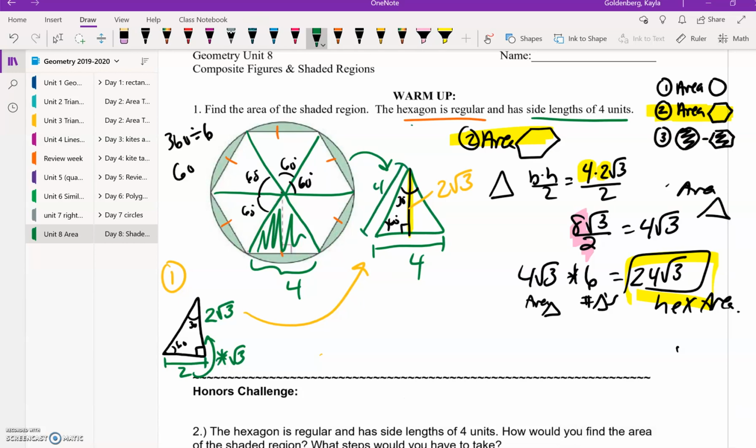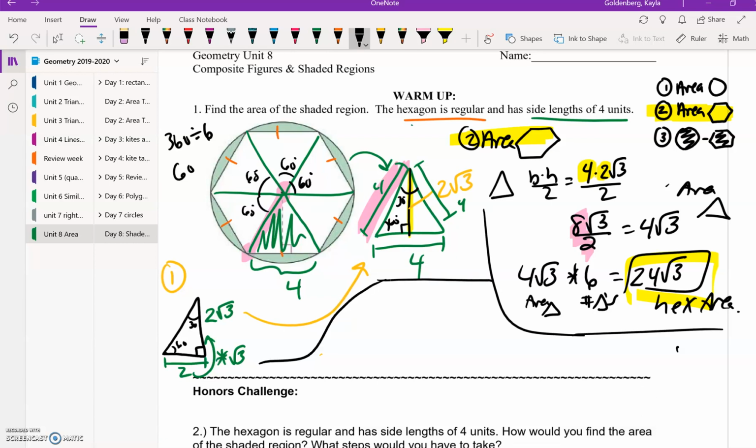So all of my sides are actually going to be 4. And what's going to be helpful about that is if I look at, for instance, this side, I'm going to highlight in the bigger picture. Notice that side is going from the center all the way to the outer edge of the circle, and that means your radius is also going to be 4 as well, which is kind of nice.